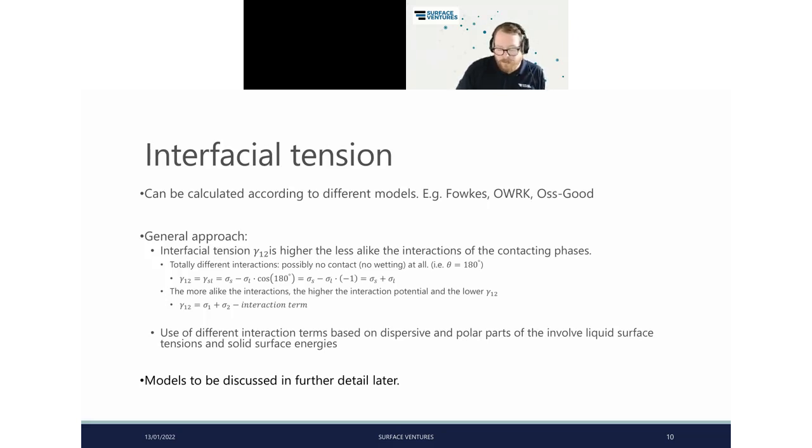So the ratio between the interfacial tension of the liquid and the components of that liquid and how it interacts with the surface free energy of the solid gives you information about the difference in interfacial tension and surface free energy.